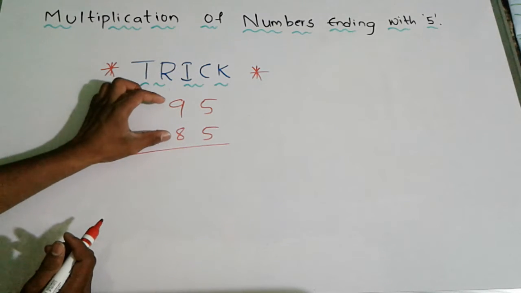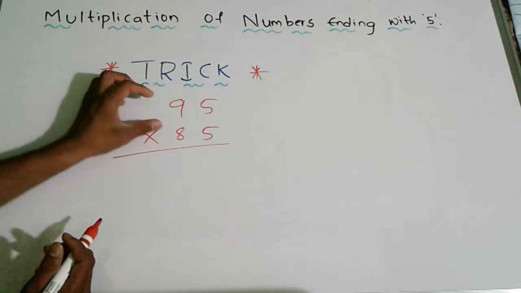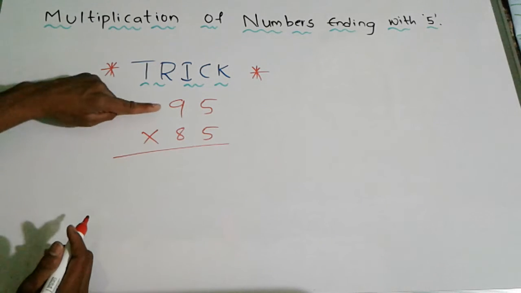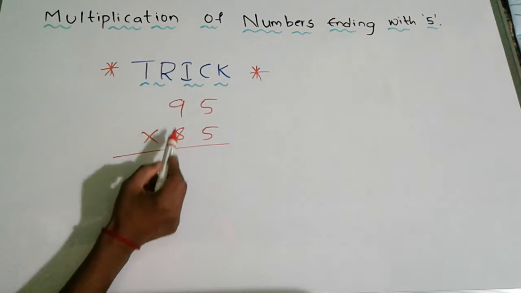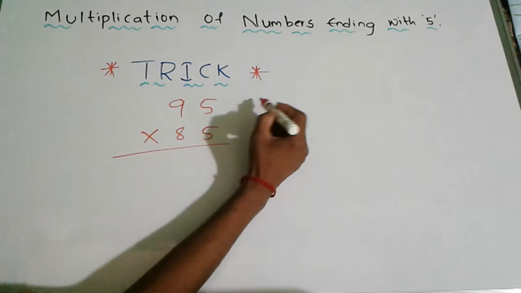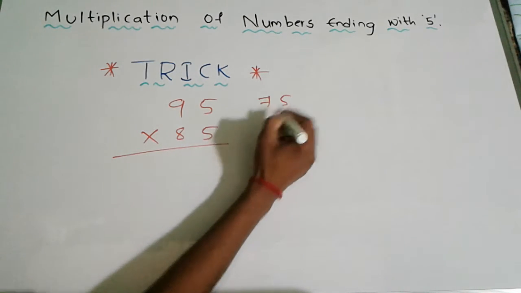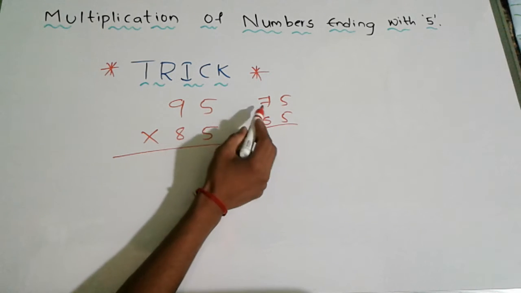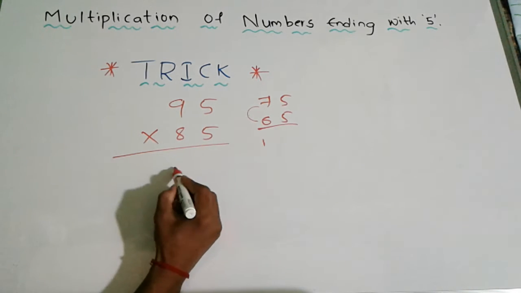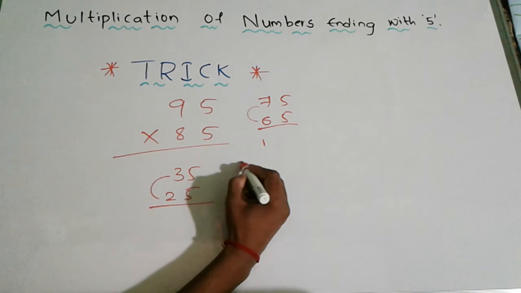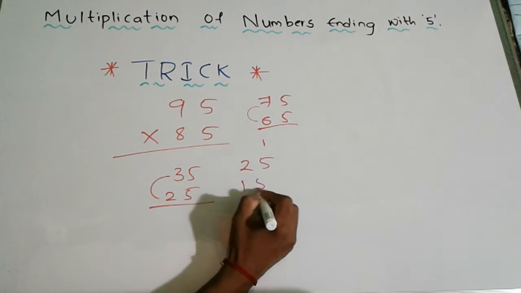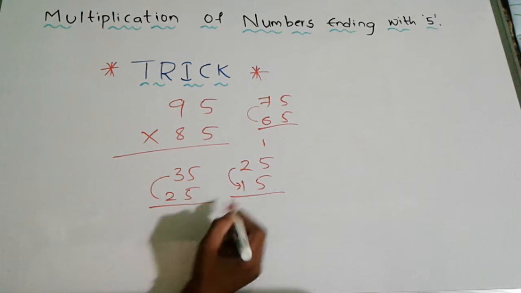And the two numbers which are there behind 5 differ by 1, right? 9 minus 8, 1, right? Like 75 and 65, the difference is 1. 35 and 25, the difference is 1. 25 and 15, the difference is 1, right?